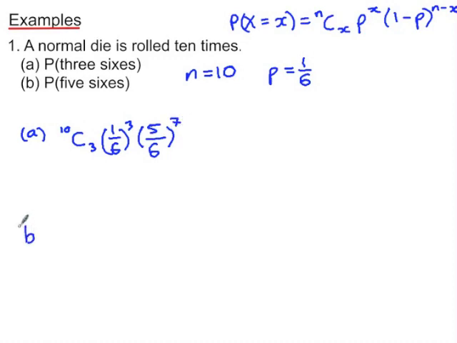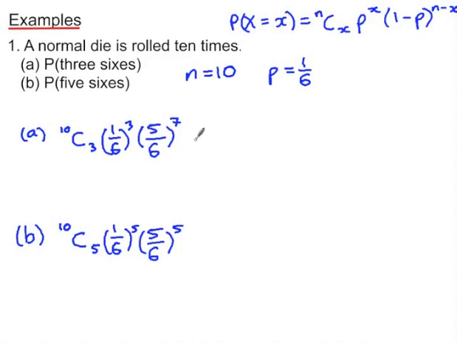And in part B, very similar, but replacing the 3s with 5s. So we're still rolling the die 10 times. This time we want to know how likely it is that we'll get 5 sixes. So this time 1/6 to the power of 5 and 5/6 also to the power of 5.